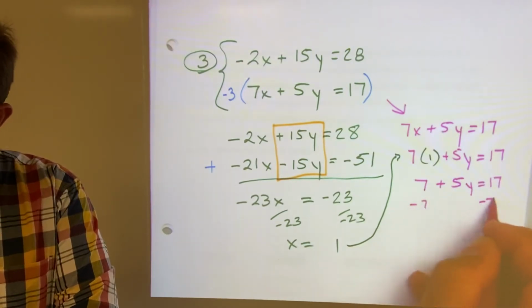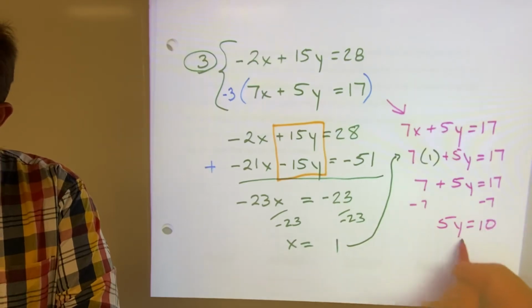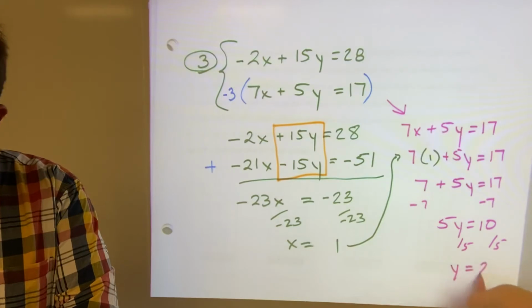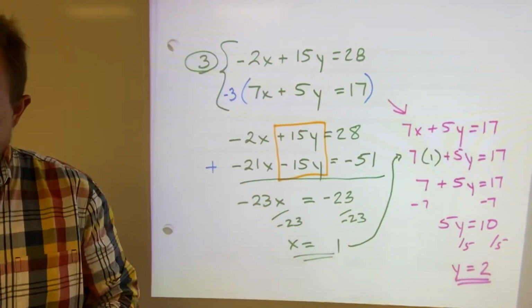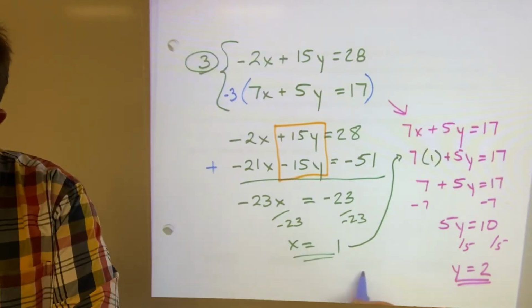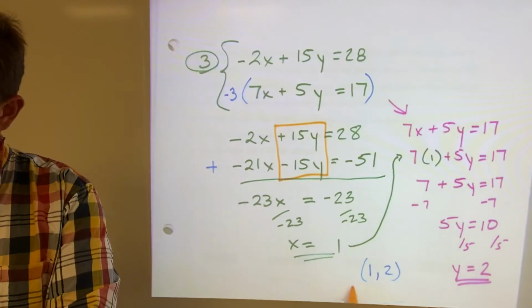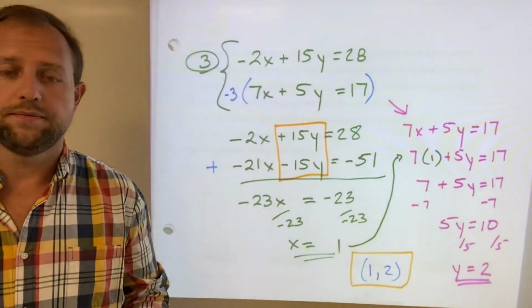Subtract the 7. 5y is equal to 10. And when we solve for y, we get y equals 2. y equals 2, x equals 1. Our solution, 1, 2. Remember, x always before y.